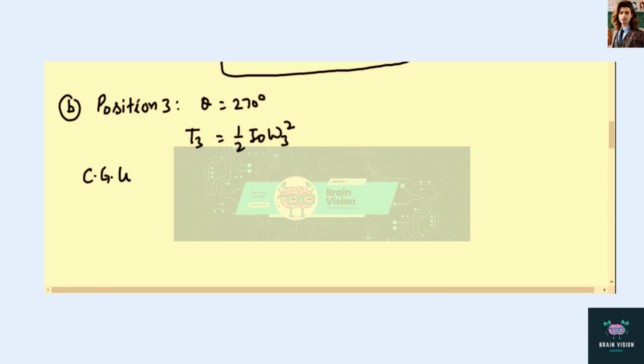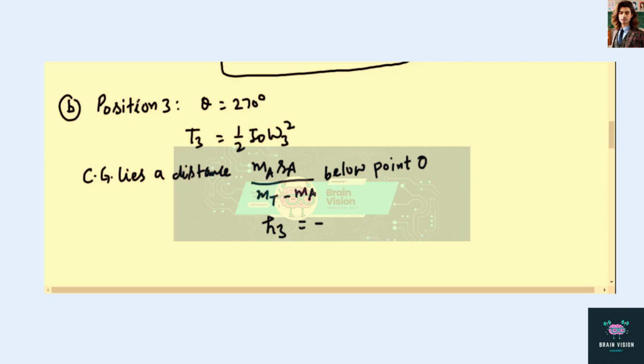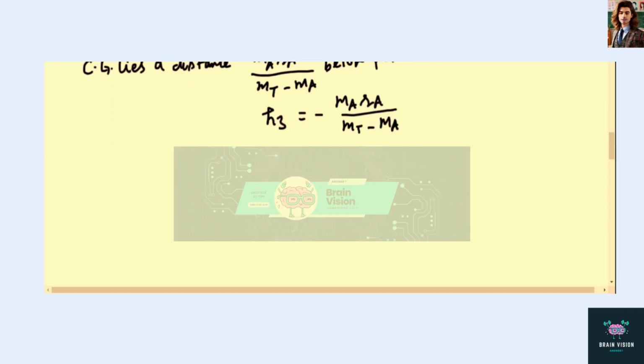Center of gravity lies a distance ma Ra upon mass of the turbine minus ma below point O. So here H3 is minus ma Ra upon mass of the turbine, mass of the blade removed from position A. So potential energy at this position you will get M turbine minus ma into G into H3.